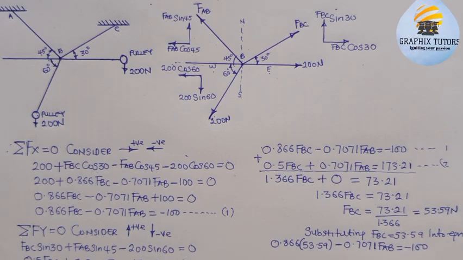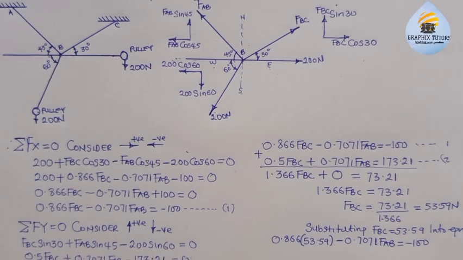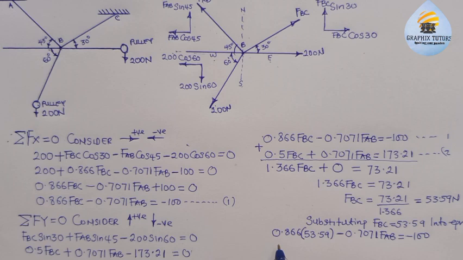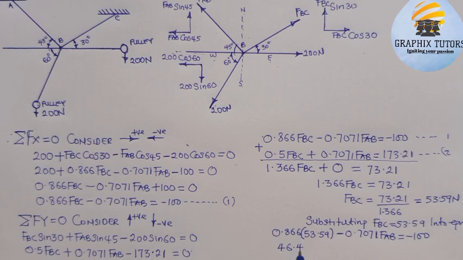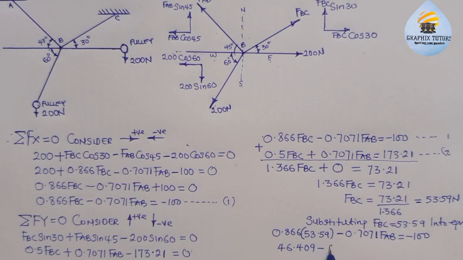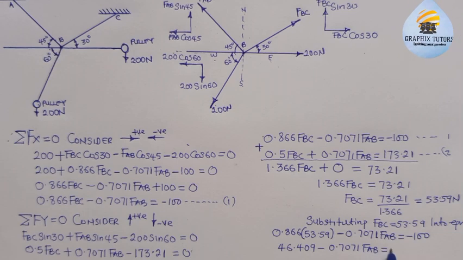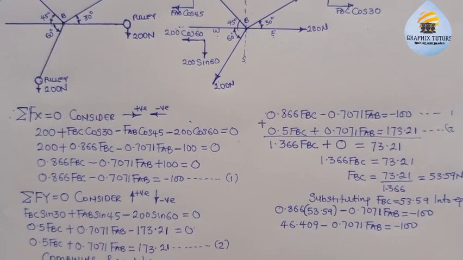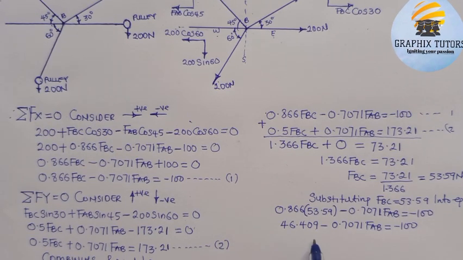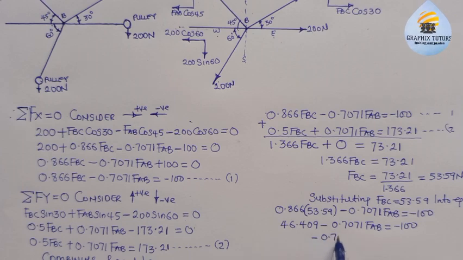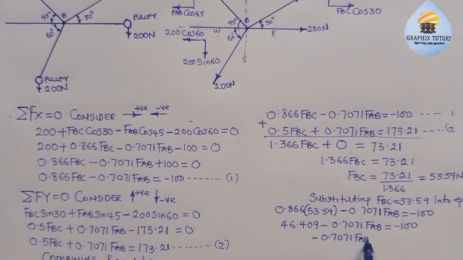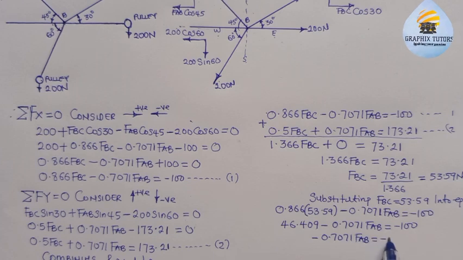Now when you multiply 0.866 times 53.59, you're going to be having 46.409, right? Minus 0.7071 FAB equals to minus 100. Now if you collect like terms from here, minus 0.7071 FAB will now be giving me minus 100.